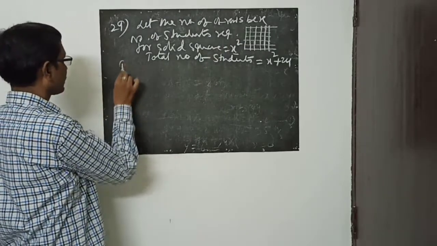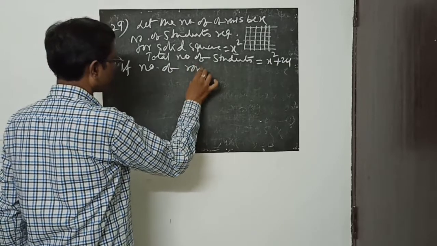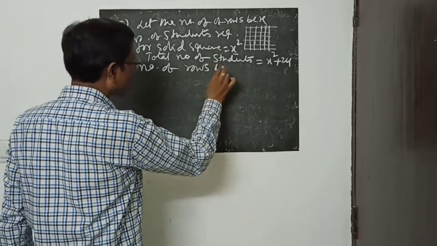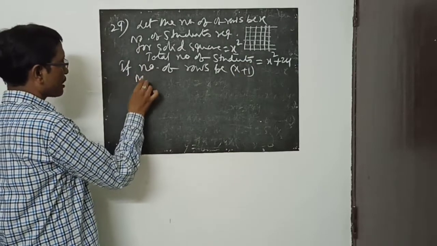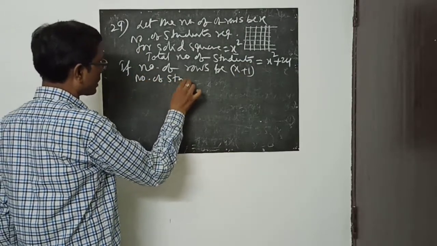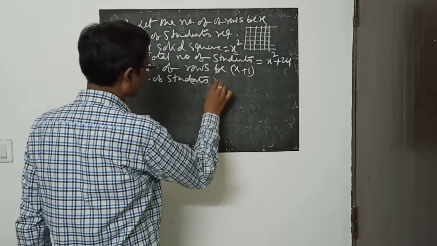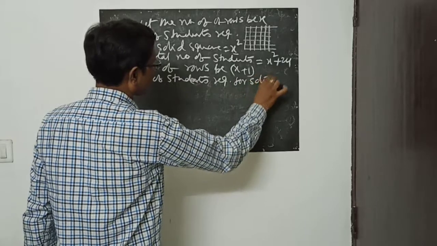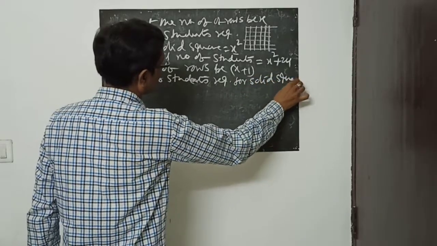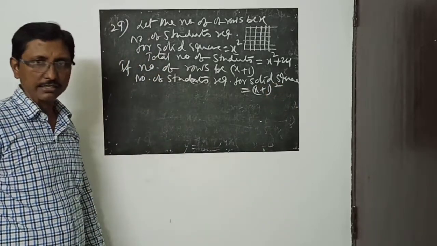Now if the number of rows is increased by 1, that means x plus 1, then the number of students required for solid square is x plus 1 into x plus 1, that is (x plus 1) square.